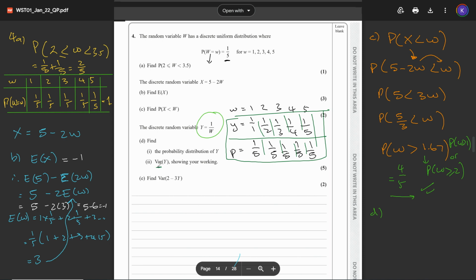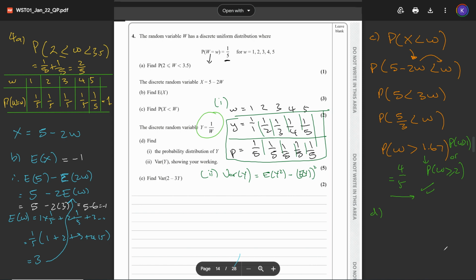The next question says find the variance of y showing your working. So the variance of y, this is part 1, is going to be given by the expected value of y squared minus the expected value of y, all squared.